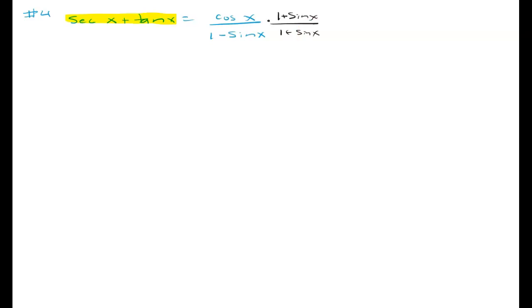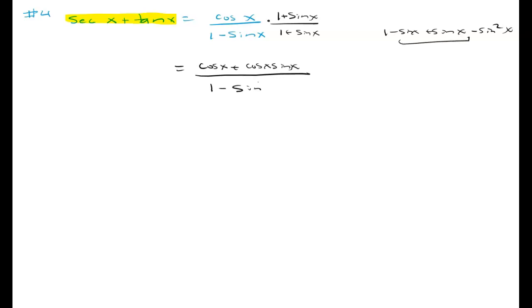So if you manipulated this side too, make sure you have that correct. So you ended up getting cosine of x plus cosine of x sine of x. And again, these are difference of squares. So if you think about this, this really gives you 1 minus sine of x plus sine of x minus sine squared of x. Again, these two are going to cancel out. So we can just write 1 minus sine squared of x.